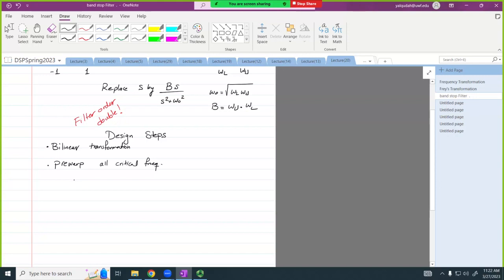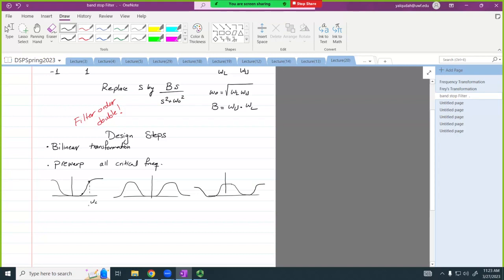So if we have our filter, okay, so we have a high-pass filter.